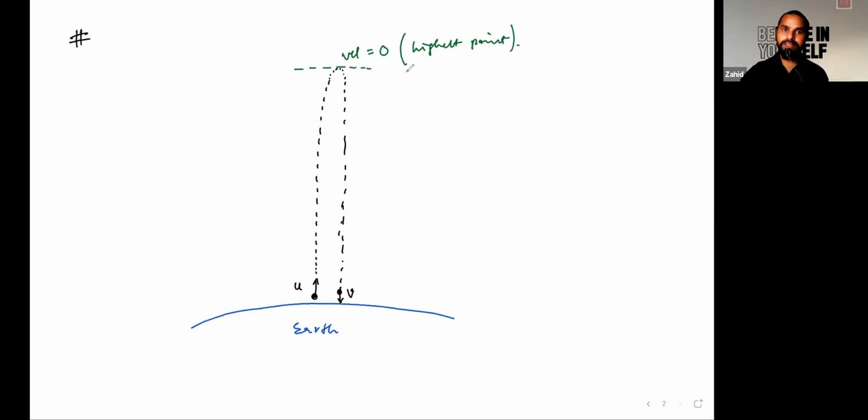But at this point as well, the object would be accelerating downward with some acceleration g. So some may ask you to define a position where the acceleration of the body is not equal to zero but the velocity of the body is zero. We call it the highest point of motion under gravity or free fall.